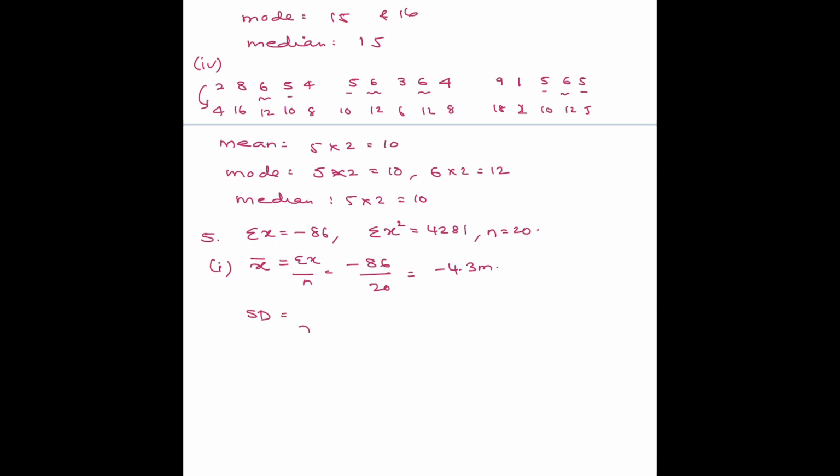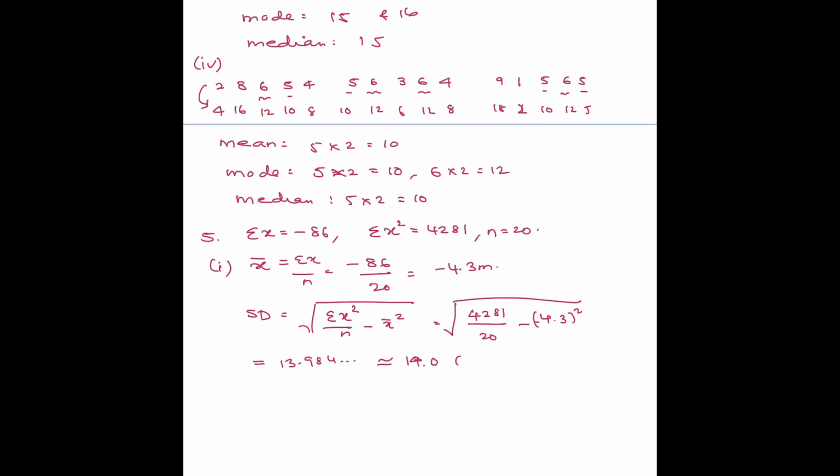Now standard deviation is the square root of sigma x squared over n minus x bar squared. So this is 4281 over 20 minus negative 4.3 squared, which is 13.984, approximately 14.0 to 3 significant figures.